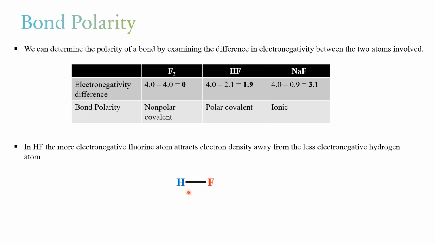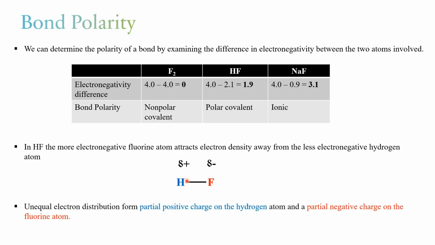The HF molecule. Hydrogen has less favor for electrons. Fluorine is the highest electronegative element, with more favor for electrons. So the electron density is closer to fluorine than hydrogen. Then there's a partial charge separation due to that unequal electron sharing.